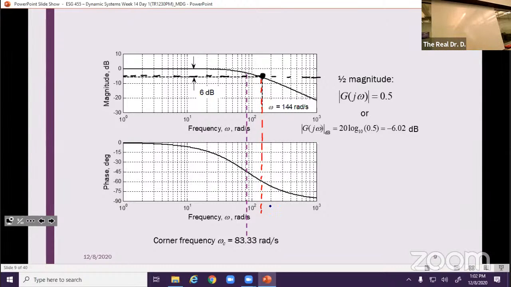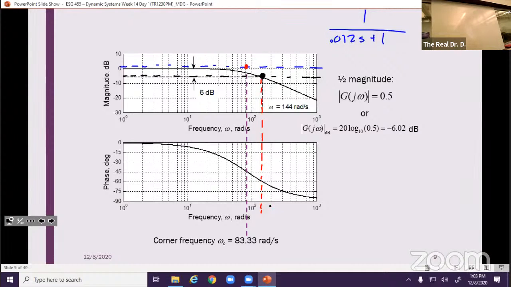Remember, my system was 1 over 0.012 s plus 1, so my DC gain, putting 0 in for s, is 1 over 1, that's 1. 20 times log of 1 is 0. So here's my low frequency asymptote at my DC gain. The corner frequency, which we found, is going to be here, 83.33 radians per second.